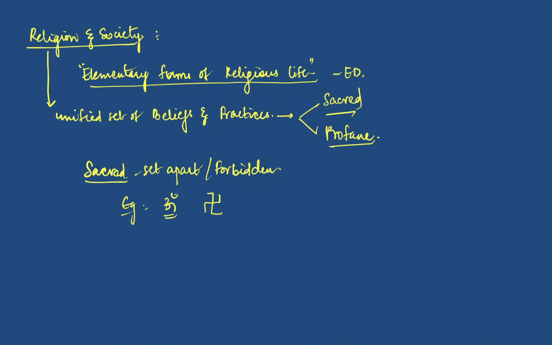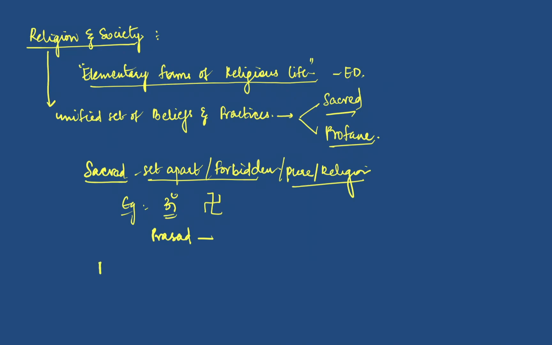So sacred is something that is set apart, forbidden, which is very pure, or which is very near to the religion of a person, right? For example, you have the prasad, okay, that is given at the temples, right? It is very sacred to you. You never throw it in the dustbin. Why? Because it is sacred.